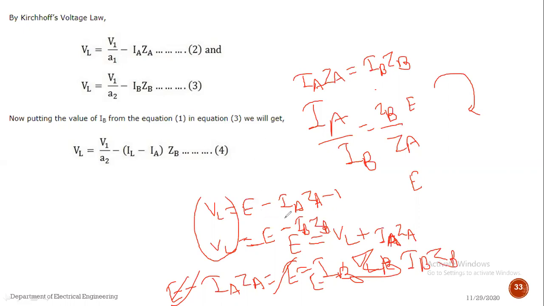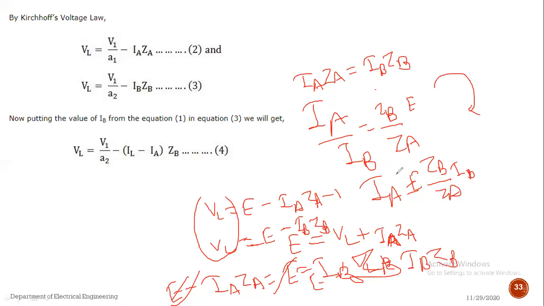See, if I want to calculate the value of IA, IA equals ZB divided by ZA into IB. So that means it depends upon impedance. IA equals ZB divided by ZA into IB.